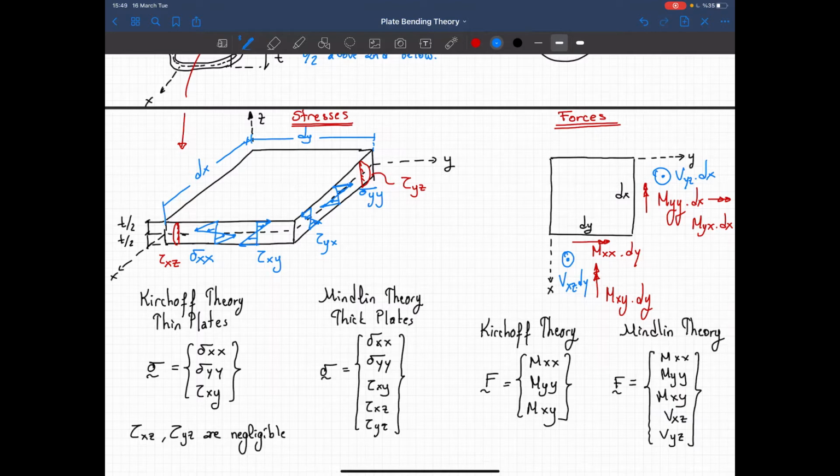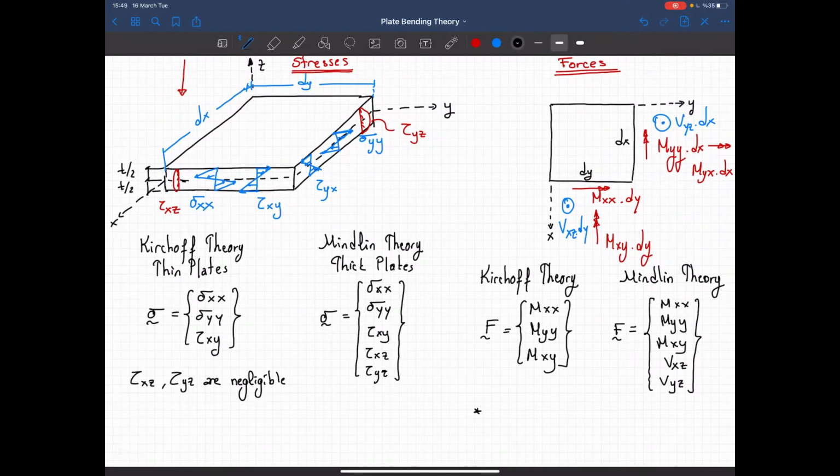And remember that these force components are defined for a unit width. Again, let me repeat, they are not like the ones that we have in the beam elements. It's moment, but a moment defined per unit width of the element. And likewise, the shear forces are also defined per unit width.